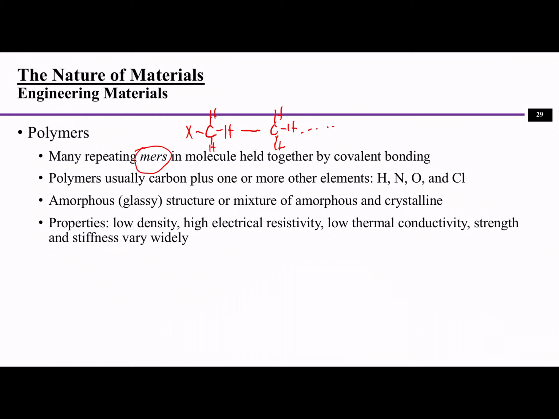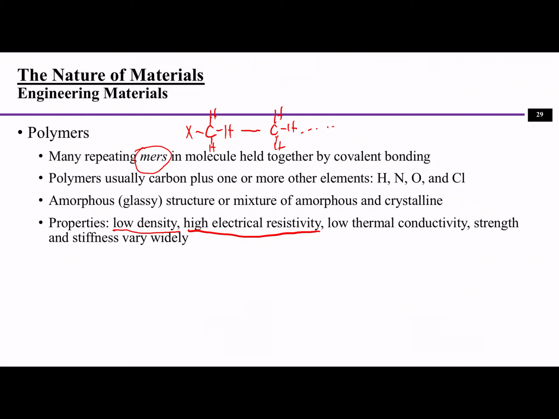So polymers are usually carbon plus one or more other elements, either hydrogen or nitrogen or some other elements, and they are typically amorphous or a mixture of amorphous and crystalline structures. And for the properties, because of the bondings and material structure itself, usually they are low density, right?